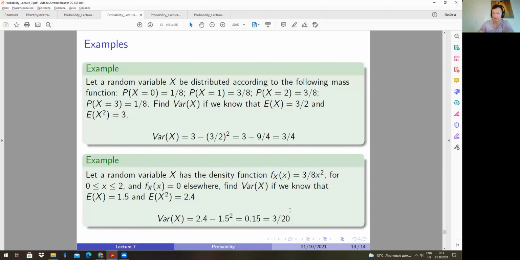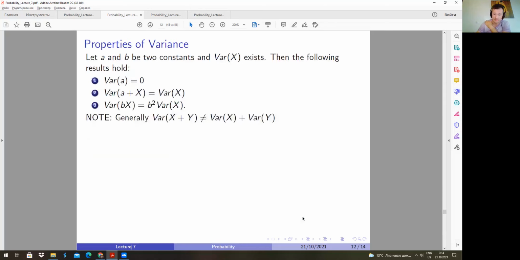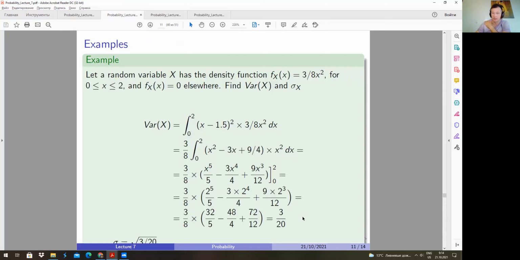And for the second variance, for the second random variable, the expectation of x squared is 2.4, and the expectation of x itself is 1.5. So now I take 2.4 minus 1.5 squared, and I have 3/20, the same result as here.